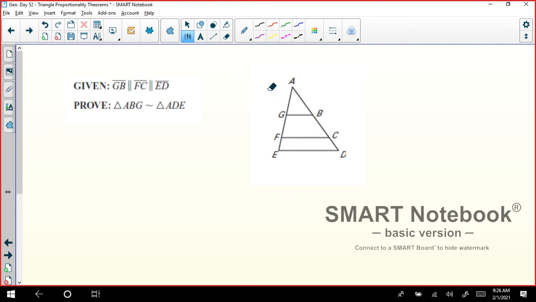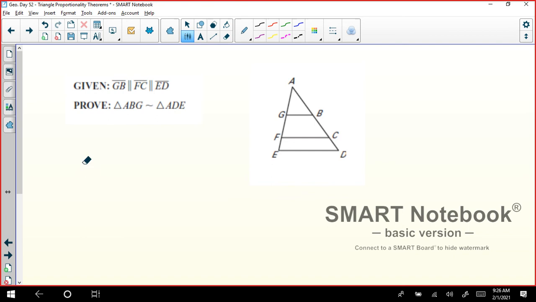Given GB is parallel to FC and ED is parallel to FC, prove that triangle ABG is similar to triangle ADE.